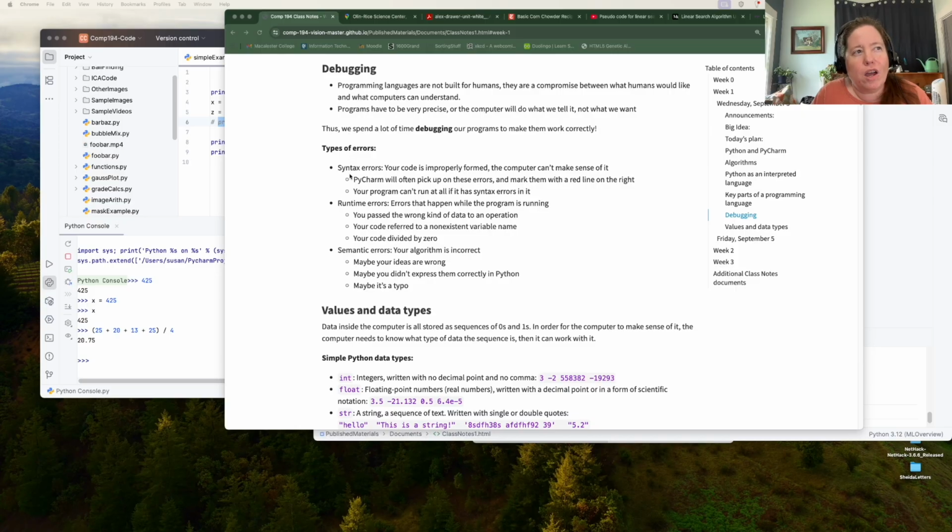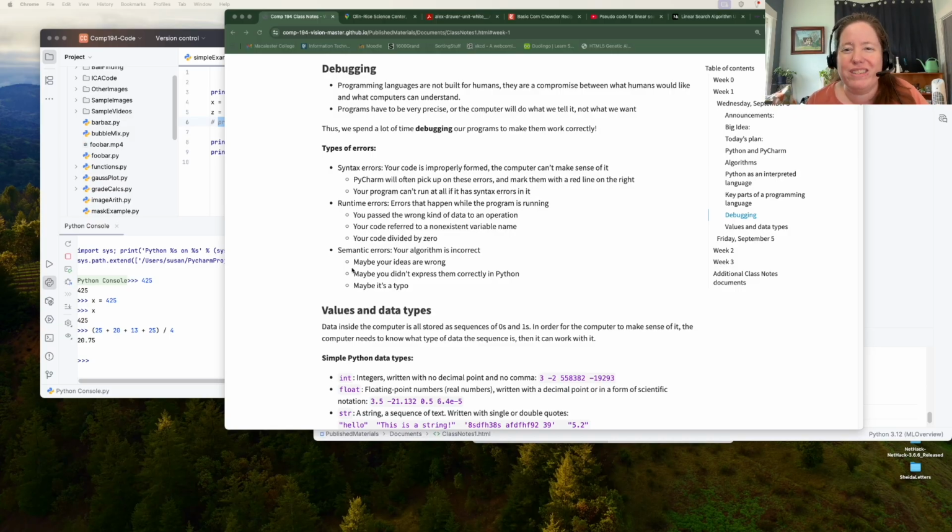So your readings talk about three different kinds of errors: syntax errors, runtime errors, and semantic errors. There are lots of other categories we can break errors into, but this is a good starting point. A syntax error is when the code you have written is not grammatical. It doesn't make grammatical sense, and the grammar of programming languages is very rigid.